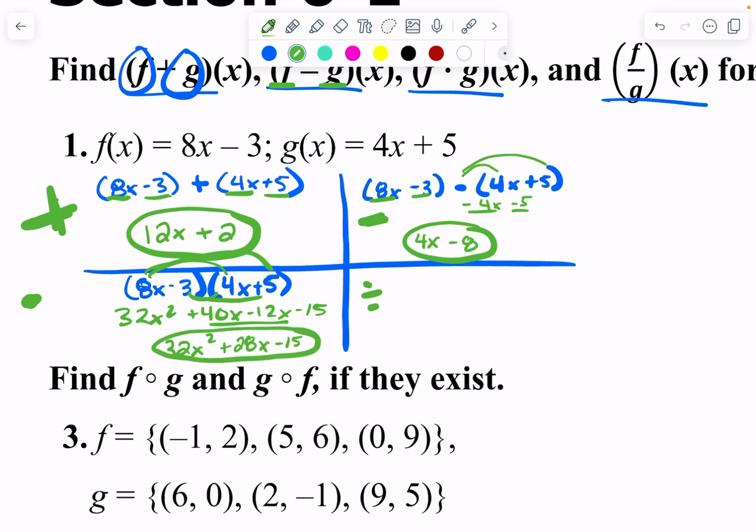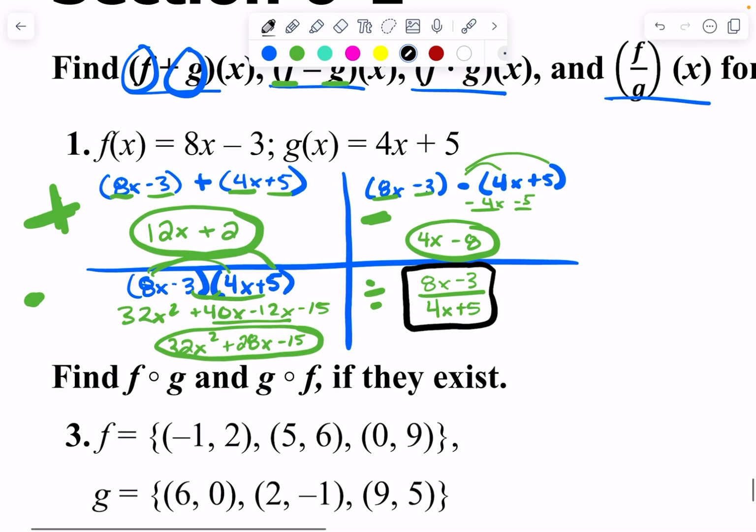Okay, that's multiply. And then the last one is divide, and so we've got 8x minus 3 divided by 4x plus 5. And when we're dividing, we can't cancel like these x's because they're trapped. So really the only thing that I can do is just say that that's my solution. And the only other thing is that this bottom, 4x plus 5, we always say the bottom cannot be equal to 0, right?